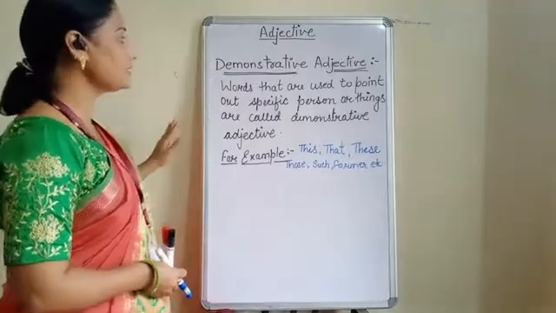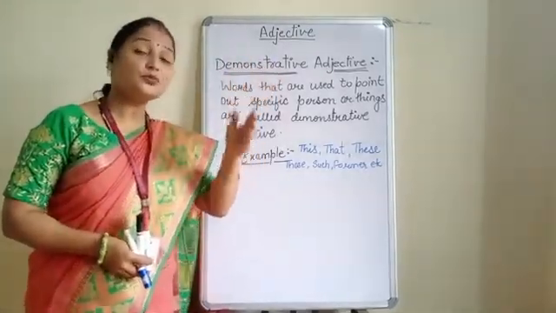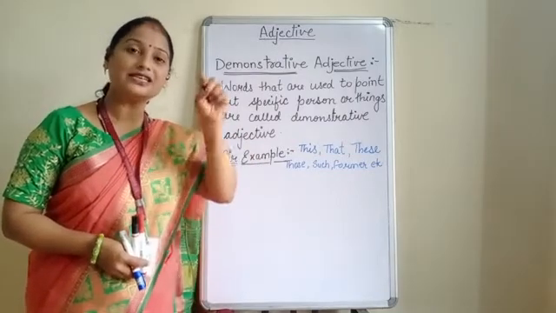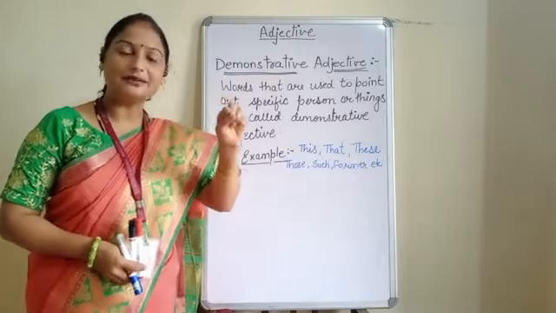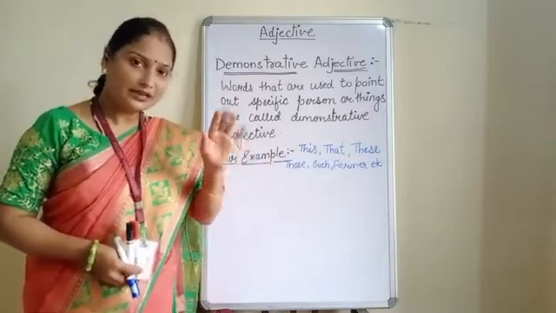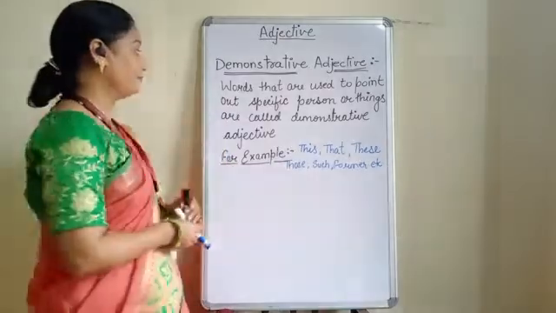Okay? Now see children, the meaning of demonstrative is just to point someone. Clear? If I am pointing like this, then that is called the demonstrative. Now see what is the meaning of demonstrative adjective.